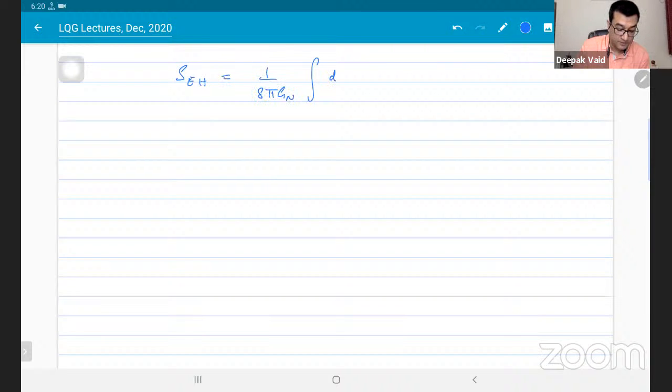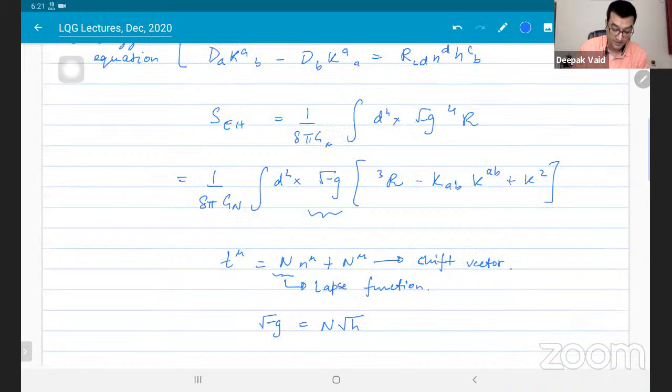So then it becomes d^4x, and now we can write it as d^3x dt N root h. There's no minus because h is a spatial metric and it is positive definite.